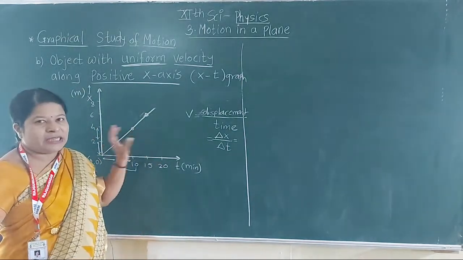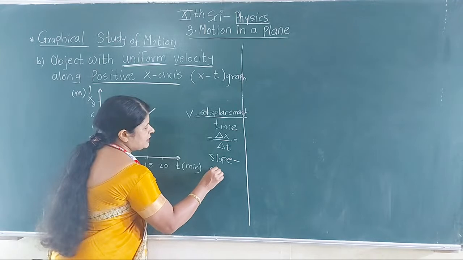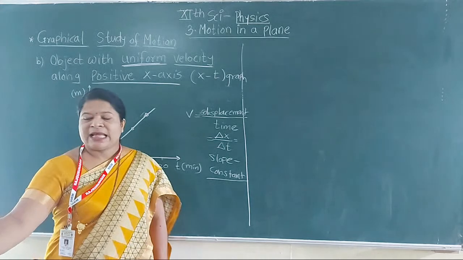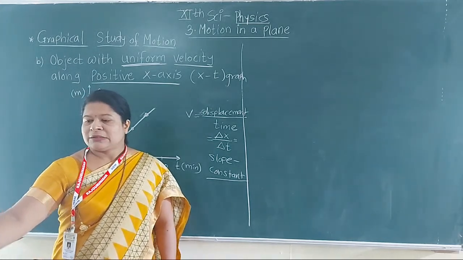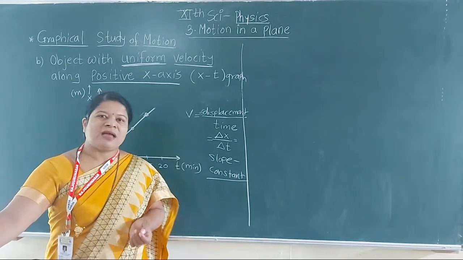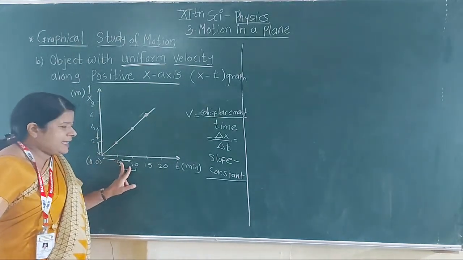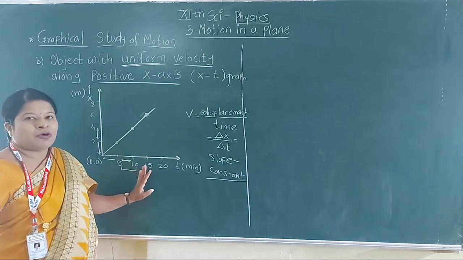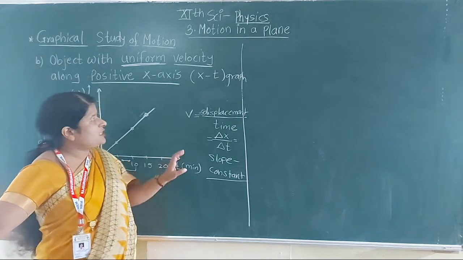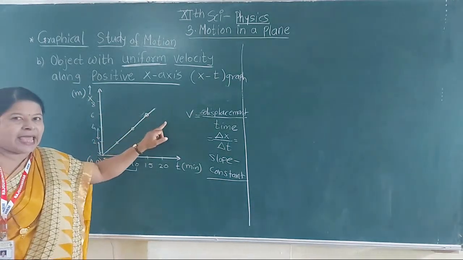The slope of this graph is constant, which gives us the average velocity. The average velocity and instantaneous velocity of this particle or object are equal. So this is the graph of uniform velocity along the positive x-axis.